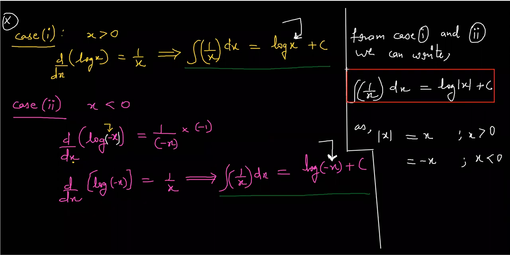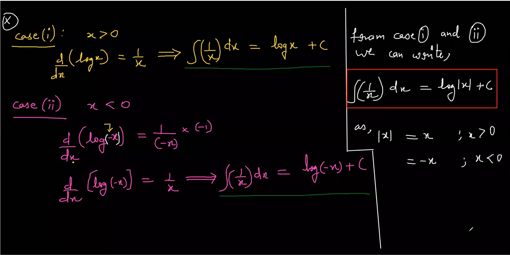This is the main result. Integral 1 upon x dx is log of mod x plus c. So 10th is done. We go for the 11th one.